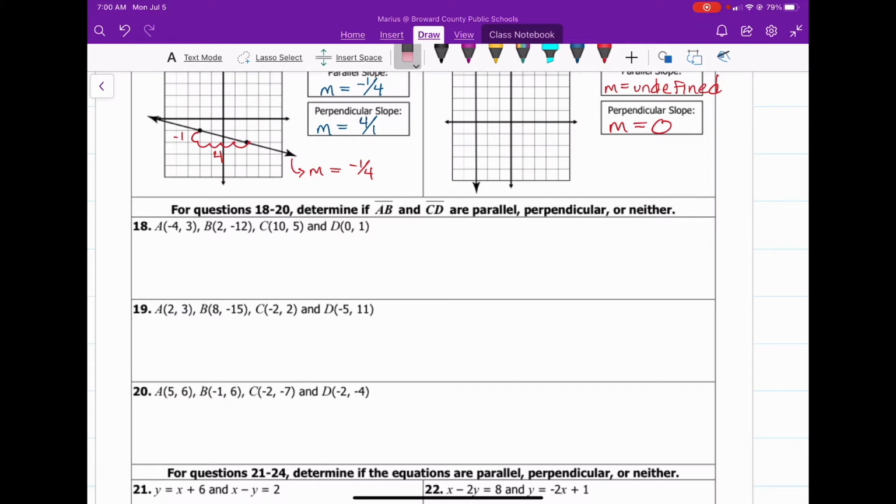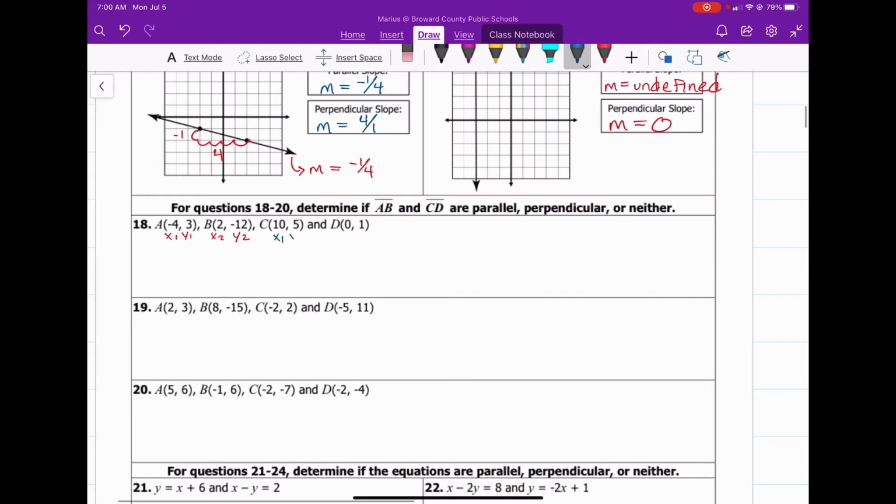Now, let's take a look at number 18. We need to find the slope between A and B and C and D. So label x1, y1, x2, y2, and then label C and D as x1, y1, x2, y2. Let's find the red ones first. M is equal to y2 minus y1 over x2 minus x1.